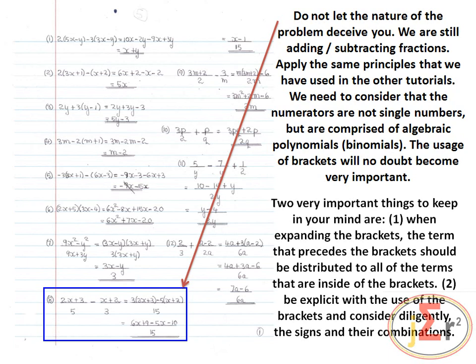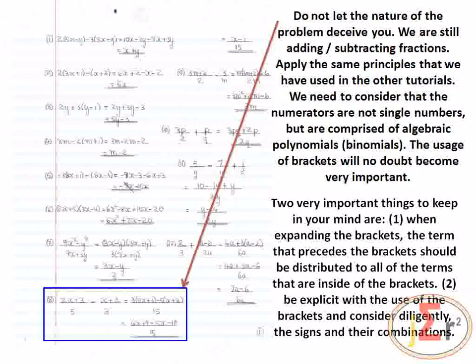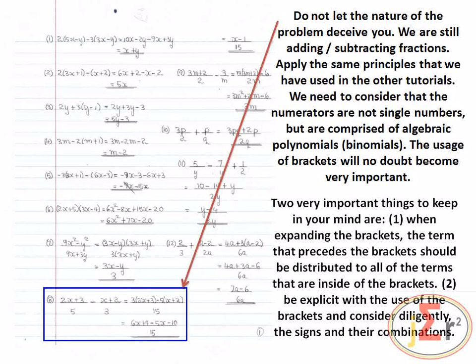and their combinations. So we still have to be on top of our games, not because we are dealing with fractions now. That does not mean we need to taper off on the importance of the things that we have done before. No, we need to maintain that level of seriousness with every single aspect of the solution. No doubt we are including another component, which is the fact that we are handling fractions.